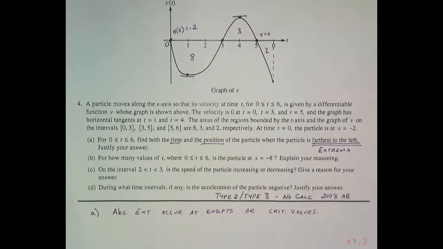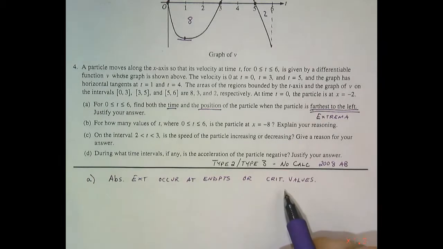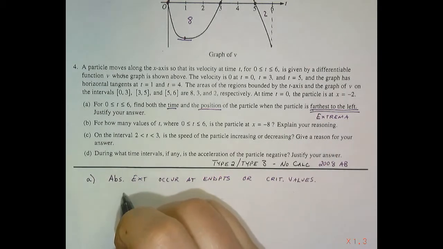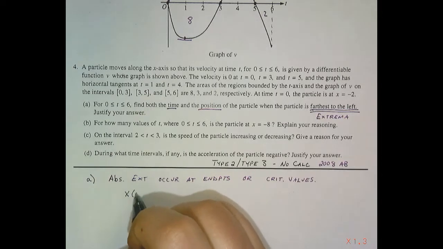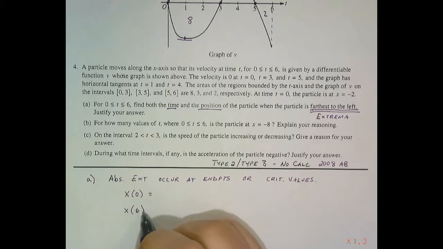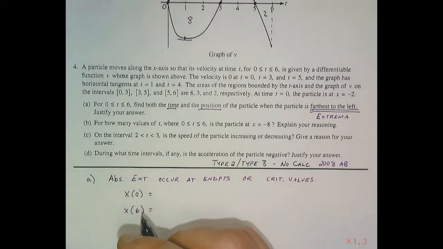So let's find out where our absolute minimum is. So we're going to look for the position at the endpoints, as well as our position at any critical values. Now, a critical value is where the derivative of the function equals 0. So the critical values for this position function would be 3 and 5.